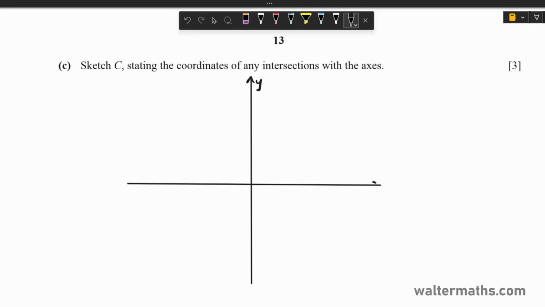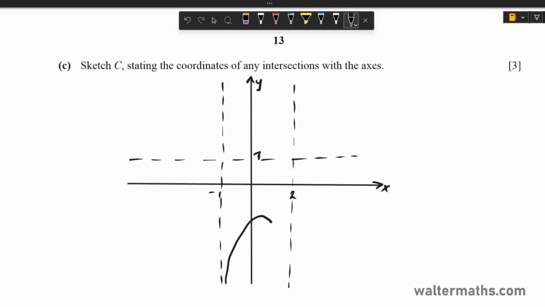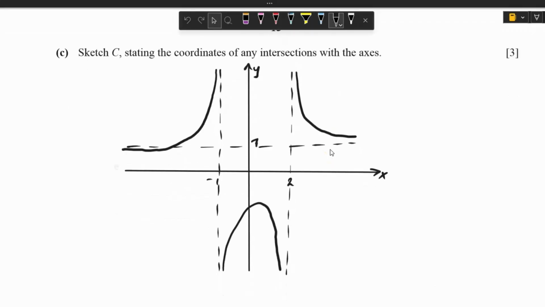We have the y-axis, the x-axis, the asymptote here at minus 1, and another asymptote at 2. And we have a horizontal asymptote at 1. And our graph came out like this. And we also had this. And here it came down and like this.